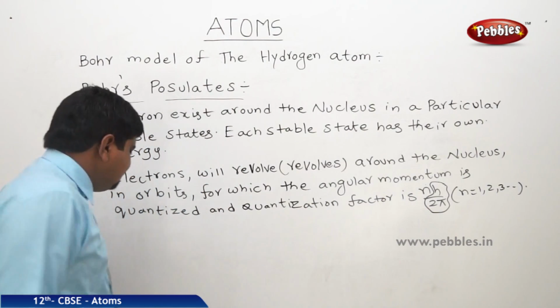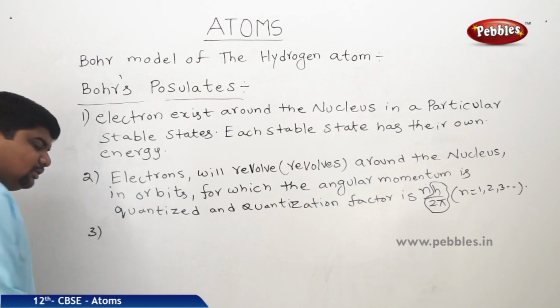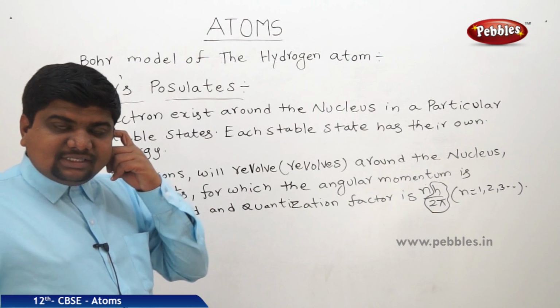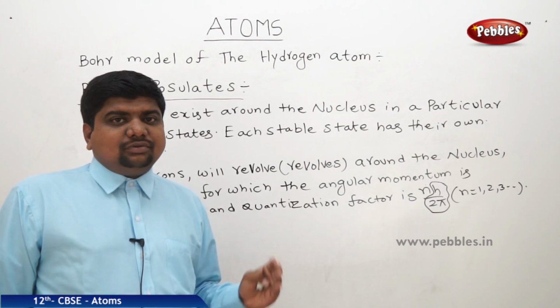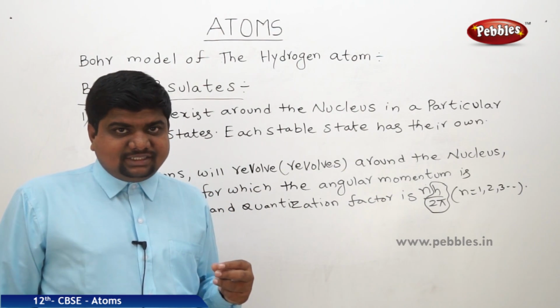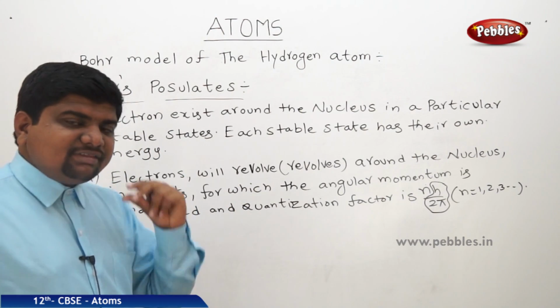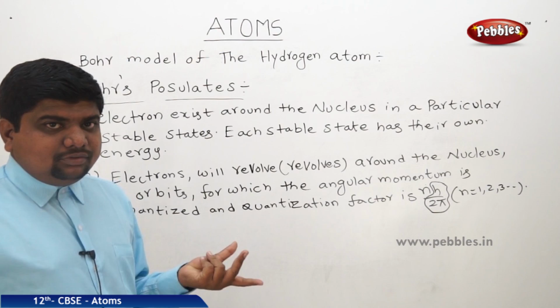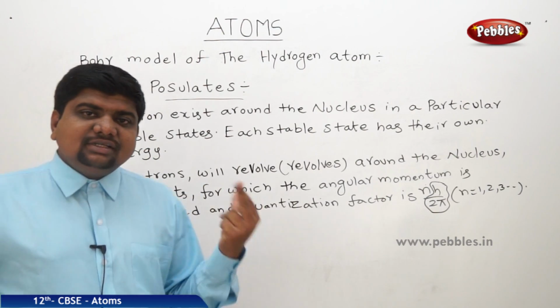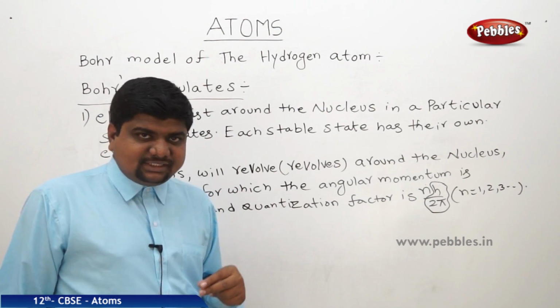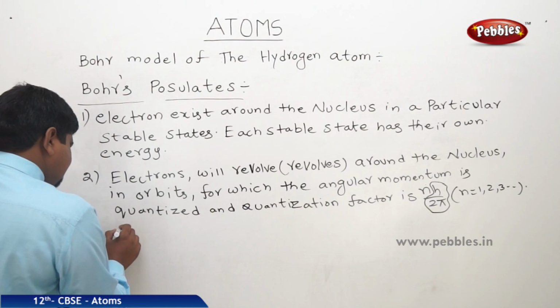And the third postulate: an electron can excite or de-excite, can jump from one atomic energy level to another non-radiating energy state. In this case, it will emit a photon and the energy of the photon is equal to the difference between the final and initial energy states. So it is like this.